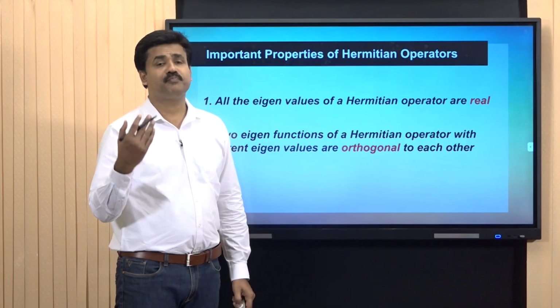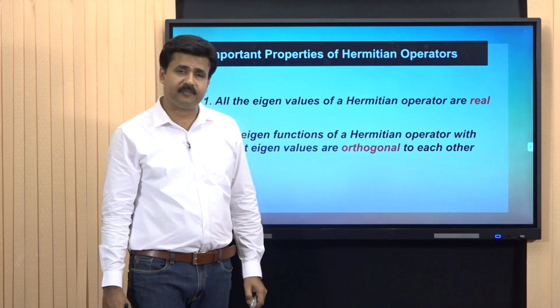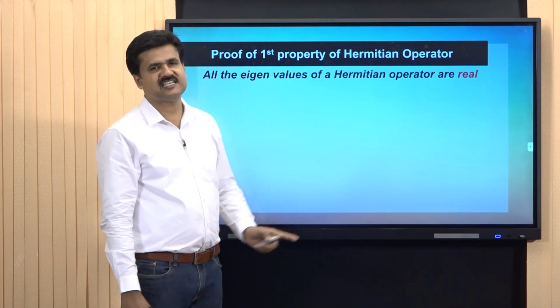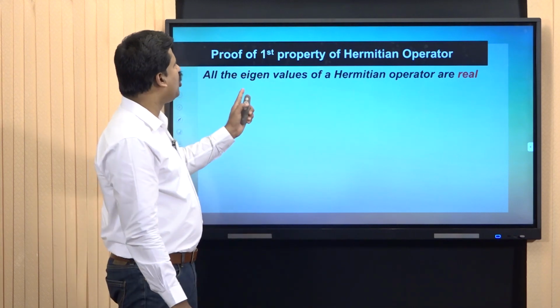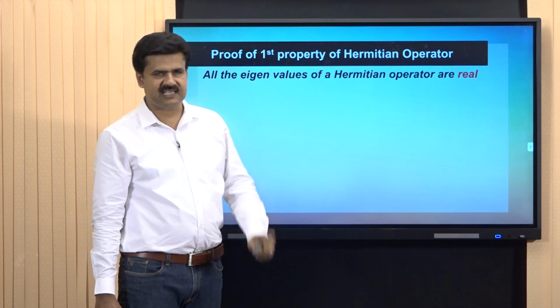Now we have to prove these two properties of Hermitian operators. I am going to the proof of the first statement, that is, all eigenvalues of a Hermitian operator are real.